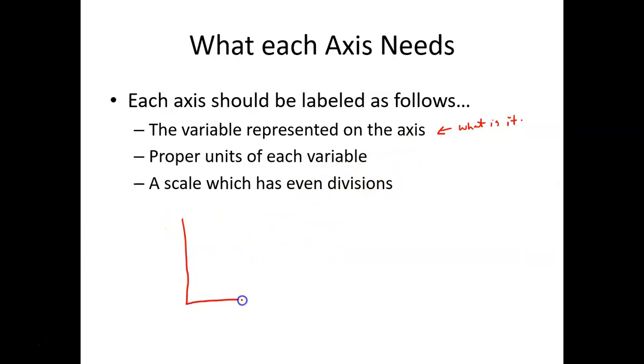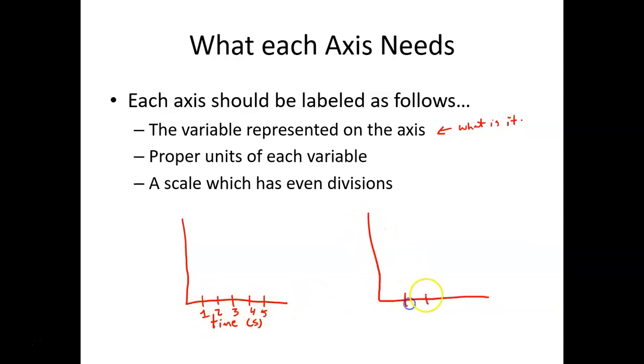Okay, so as we're putting this together, if we've got time on the x-axis, we put seconds. 1, 2, 3, 4, 5. These should be even. 1, 2, 3, 4, 5. Now you don't even need to label each one, but it should be even.